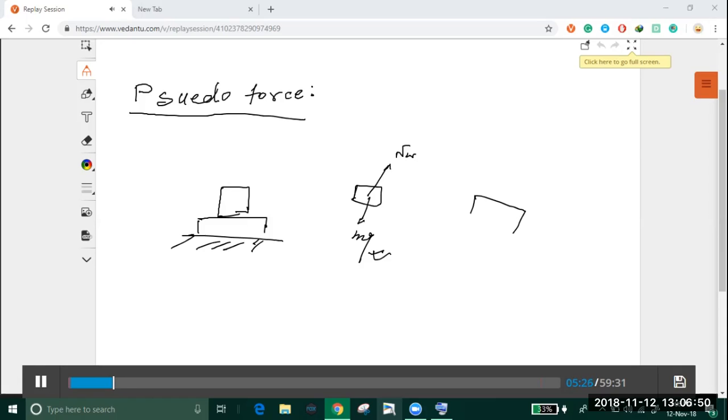Sir, I did not get you. How does the normal force get generated on that weighing machine?